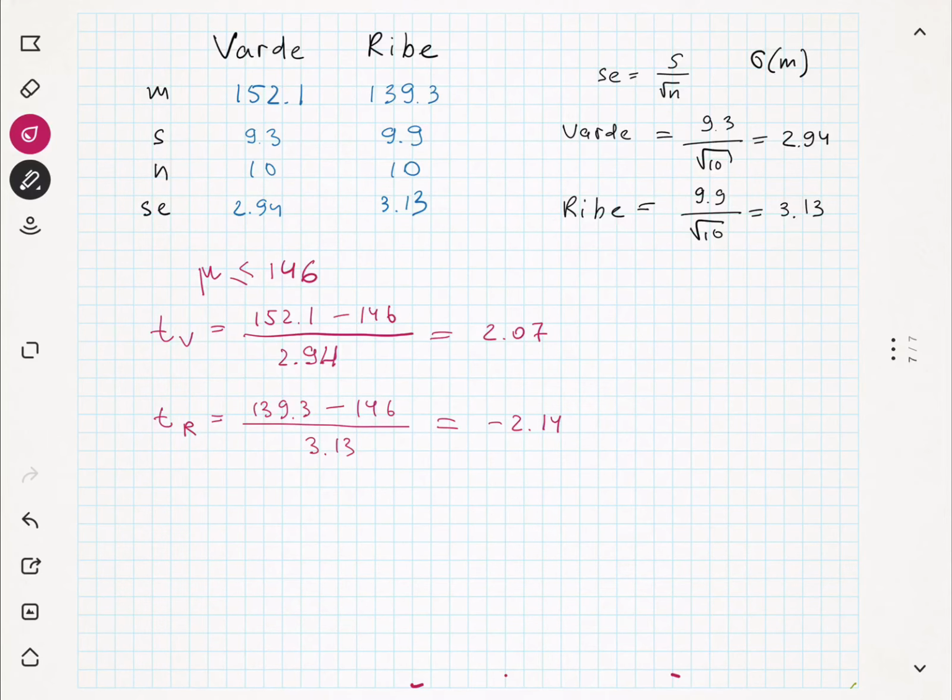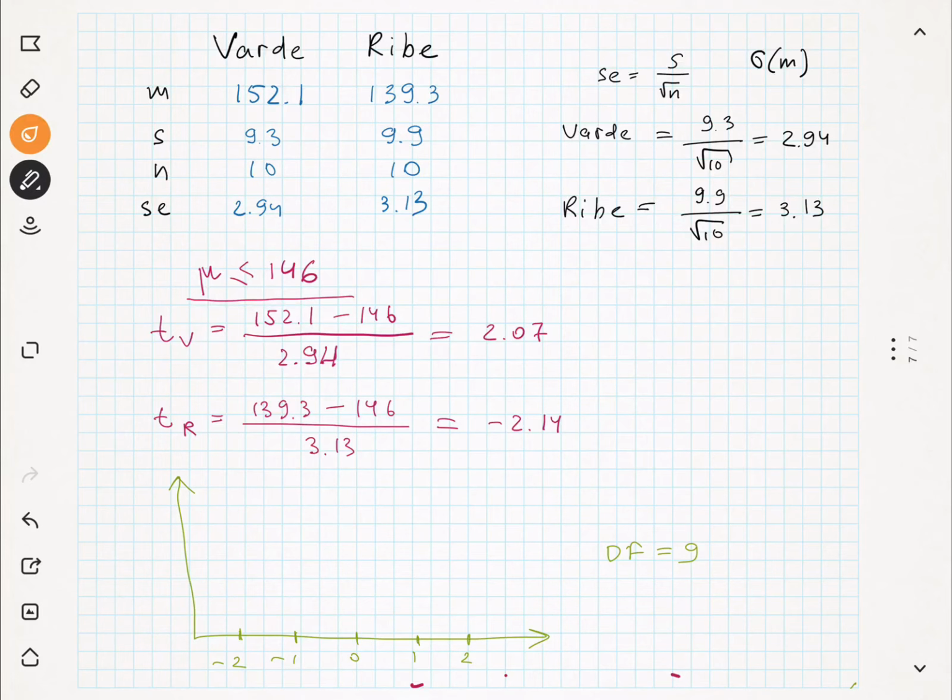Now, how do we find out if these values are extreme or not? Let's recall what the null hypothesis is. This means, for example, this is our t-distribution for 9 degrees of freedom. Here we have 0, we have 1 here, 2 here, then we have minus 1.